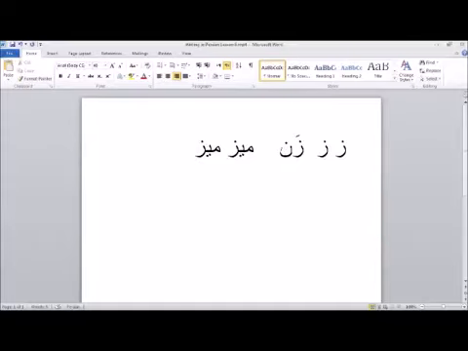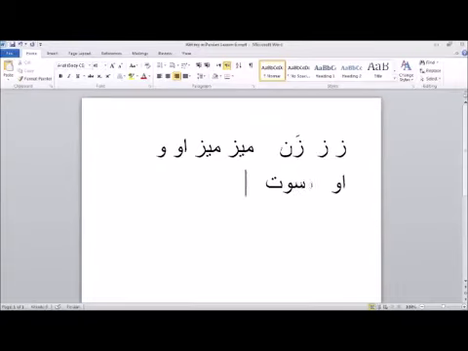We also learned this one, which is u initial. When it is in the middle or final position, it looks like this. And we had words like u, which means he or she, and also suit, which was whistle.